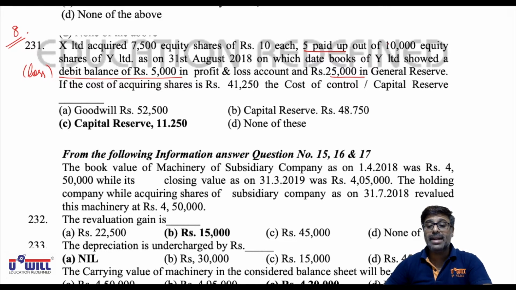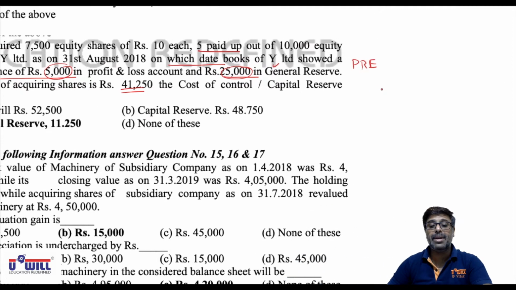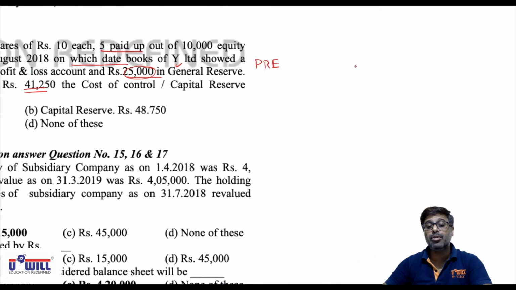So on that date it showed, which means it's all pre-acquisition. At the time of acquisition there is already a loss of 5,000, so it's pre-acquisition, and already 25,000 is there in general reserve, that is also pre-acquisition. If the cost of acquiring the shares is 41,250, then the cost of control or capital reserve. Now, the cost of control or capital reserve, how do we find it?